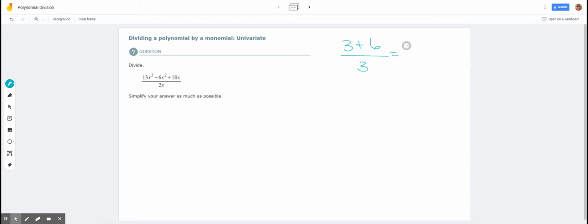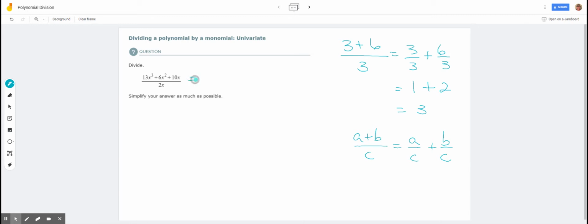I don't know if you guys remember, but you can separate this into two different fractions, the first and the second one. So that's going to be 1 plus 2, which equals 3. That is a rule: A plus B over C is equal to A over C plus B over C. And we're going to use that a lot here.